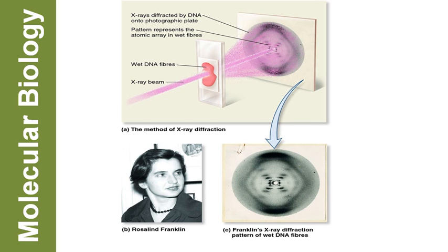See the photograph of Rosalind Franklin, who took this X-ray diffraction photograph. How is it taken? A DNA crystal is taken on which a beam of X-ray is put. When the X-ray is bombarded over different atoms, the light scatters laterally at different angles. This scattered light is taken on X-ray plate and the photograph is developed.